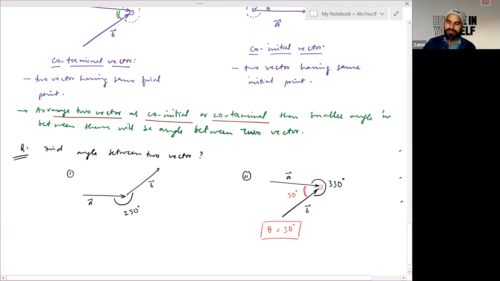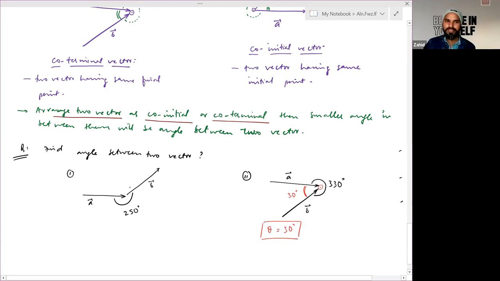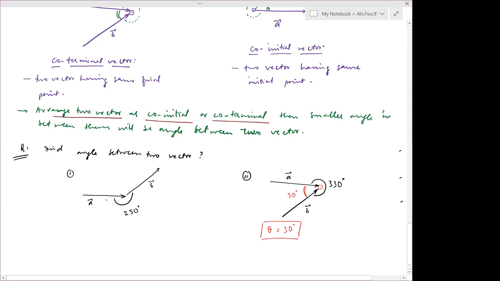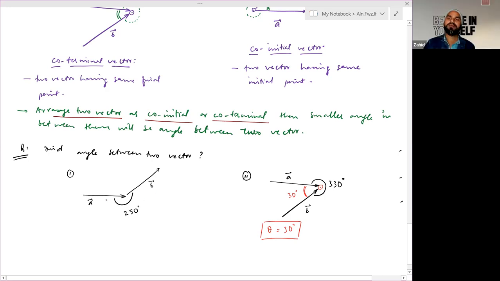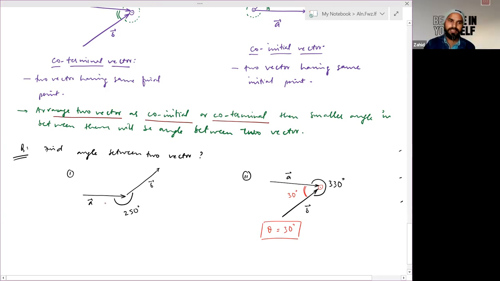Now in this first example, what can you conclude about whether these two vectors are co-initial or co-terminal? Are they? No, sir. For co-initial vector, the starting point of them must be at same point. And for co-terminal vector, the final point of them must be coinciding or terminating.